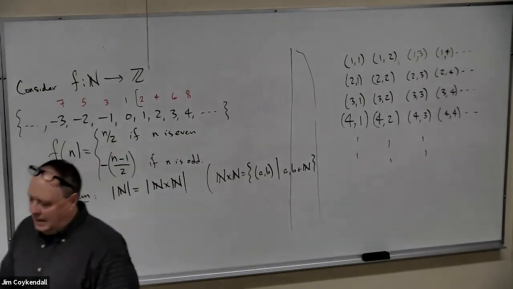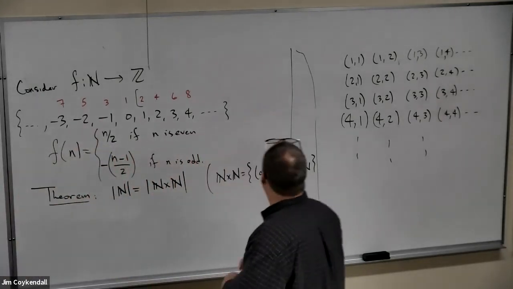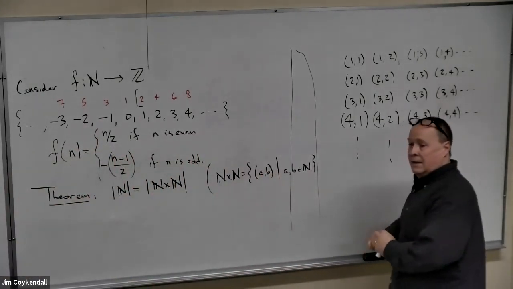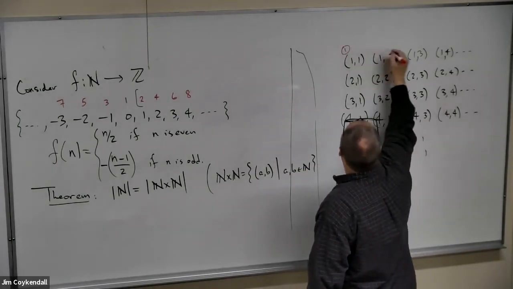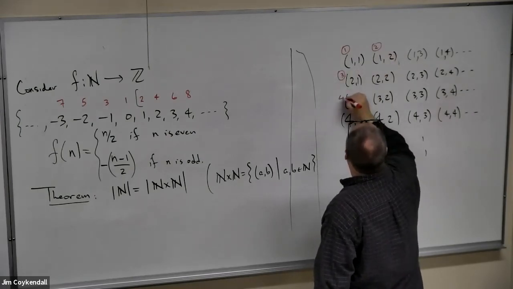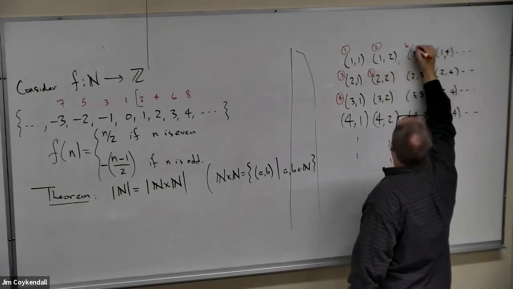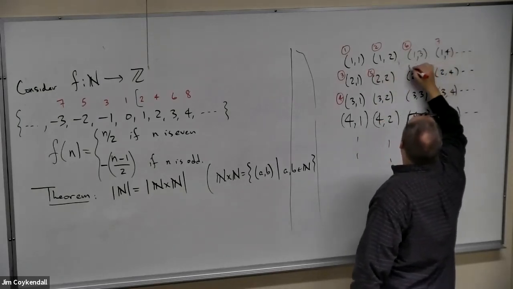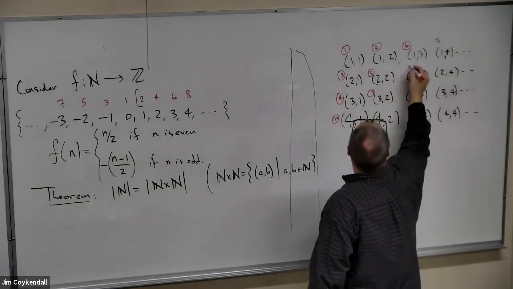Now I'm going to do kind of a trick like we did over here with this kind of looping bit. One way that I can give you a 1-to-1 and onto function is to assign 1 here, 2 here, 3 here, 4 here, 5 here, 6, 7, 8, 9, 10.